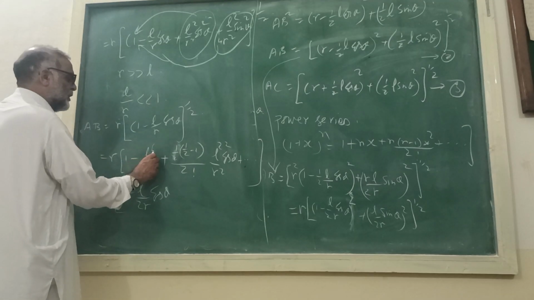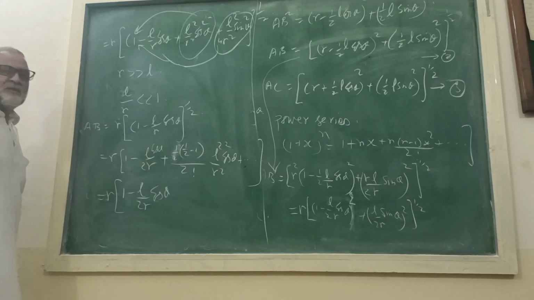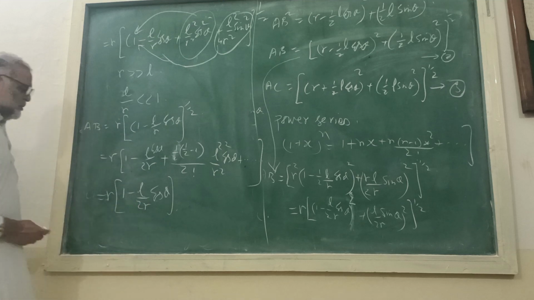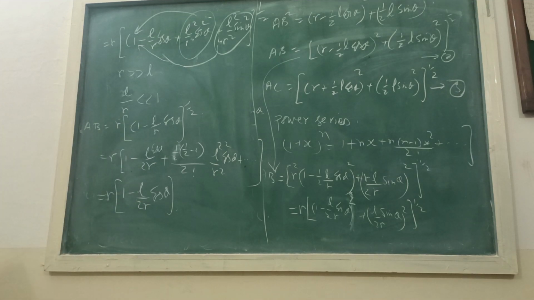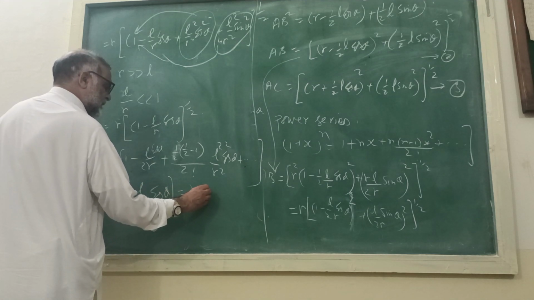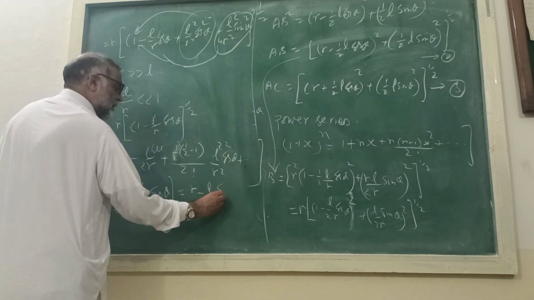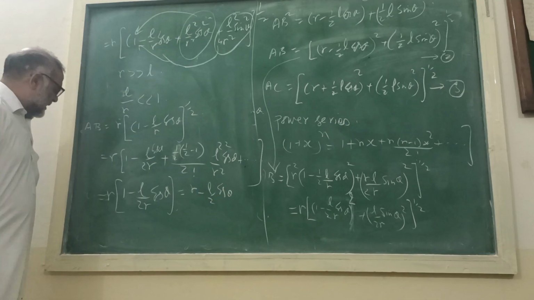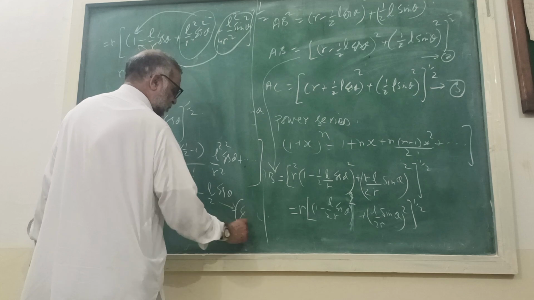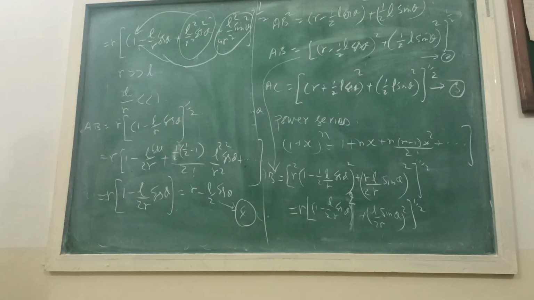Here I forgot to write cosine of theta. So that is equal to R minus L over 2 cosine of theta. That is equation number 4. Right? Yes.